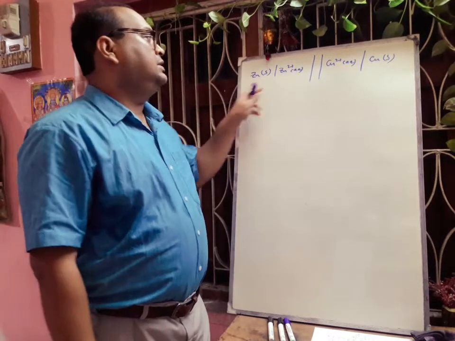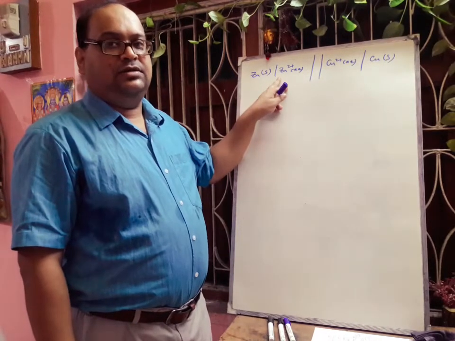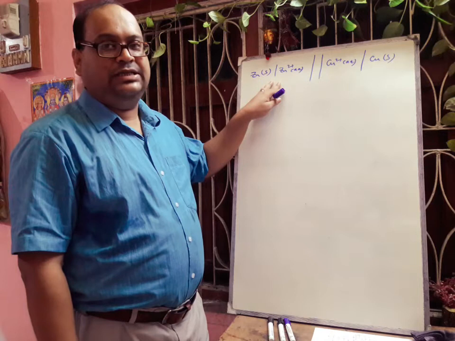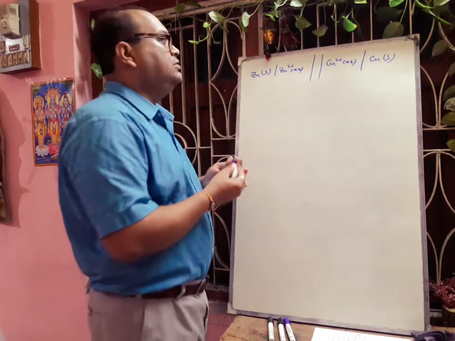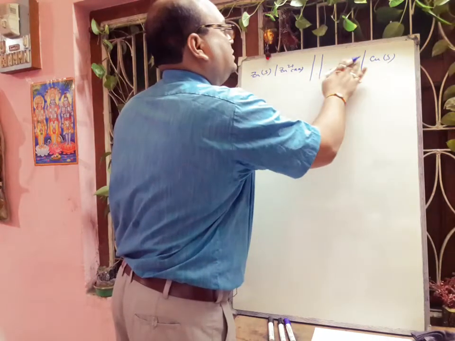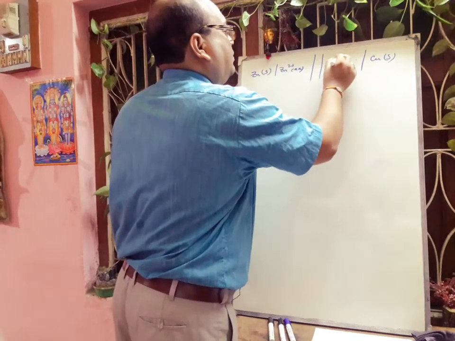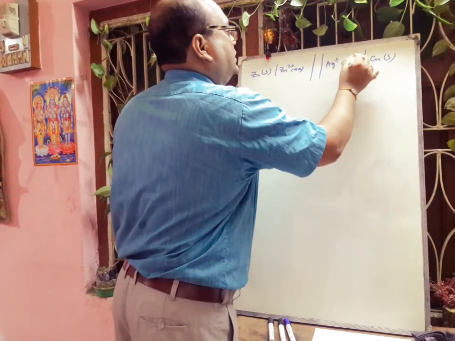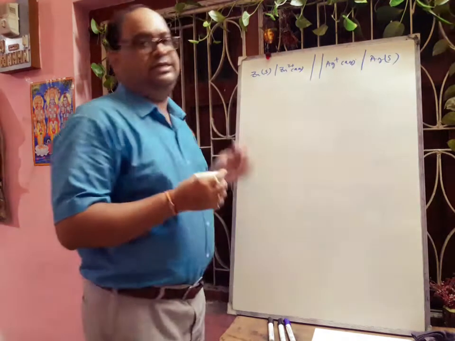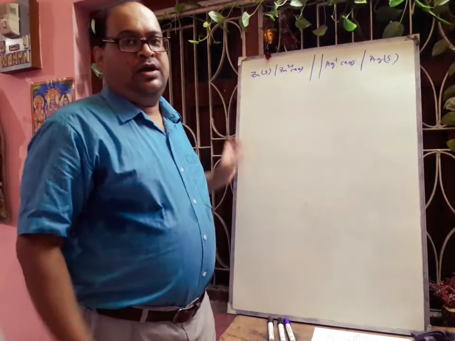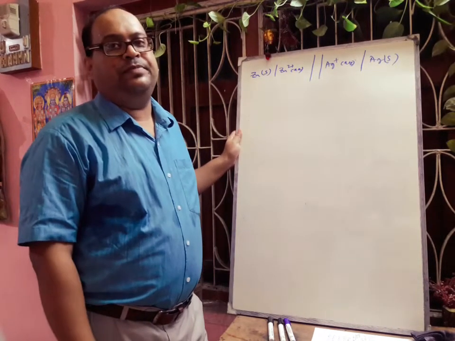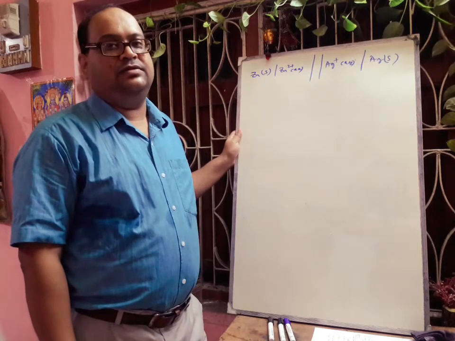Here zinc and zinc 2+ make the left hand side, that is the oxidation half cell, and here we are using a silver electrode, that is Ag+ aqueous converting into Ag solid. We are considering this cell, in which the valencies of the two metals used in these two half cells are different.